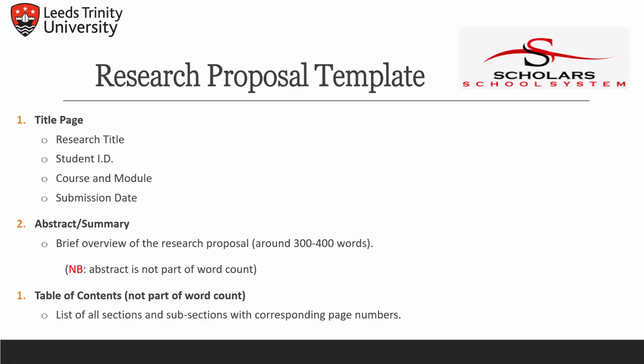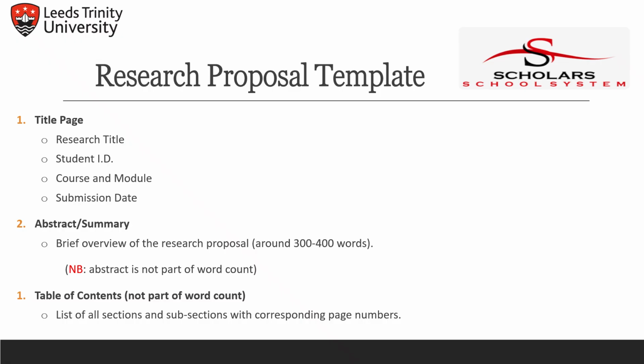Students need to write the research title, their student ID, course and module, and the submission date. According to the LTU policies and guidelines, students are not allowed to write their name, lecturer name, or the campus name. The second part is the abstract, and you can say the summary of your research proposal.